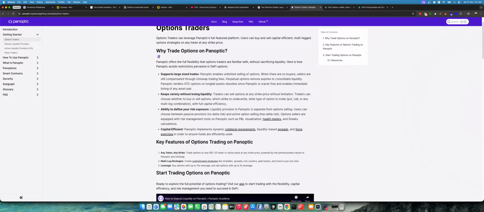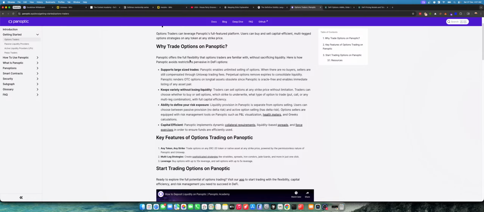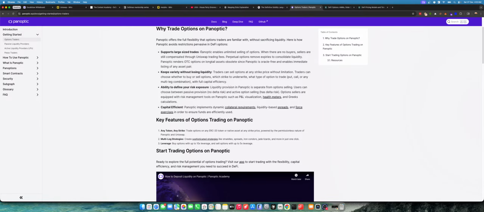Why trade options? It offers full flexibility with their options. An uptake enables unlimited selling of options. Buyers, sellers, okay. This is something to remember, I believe.